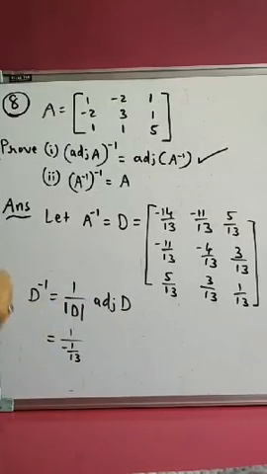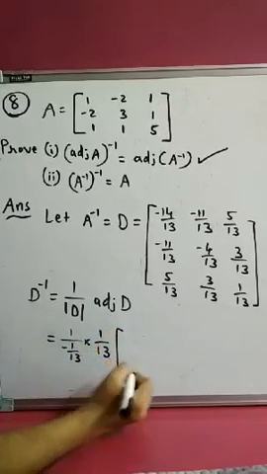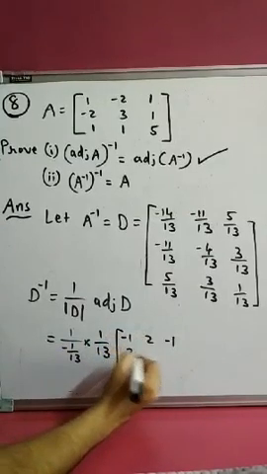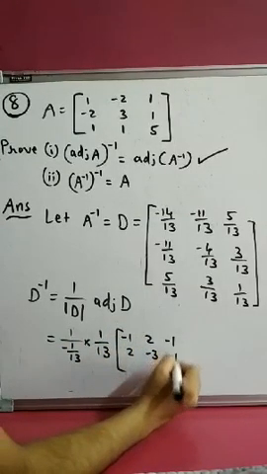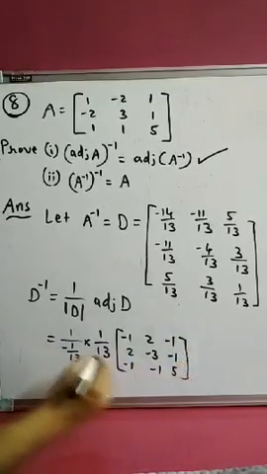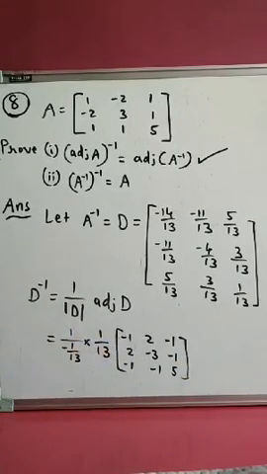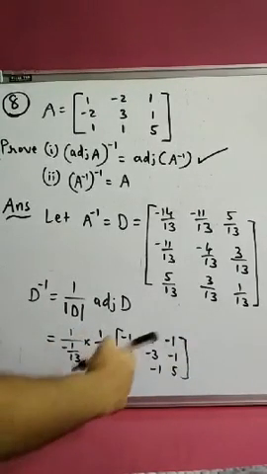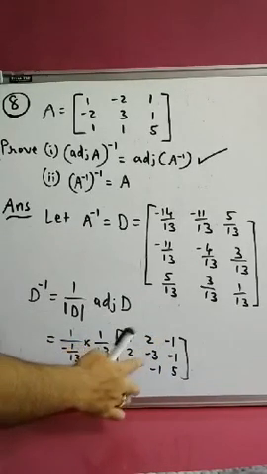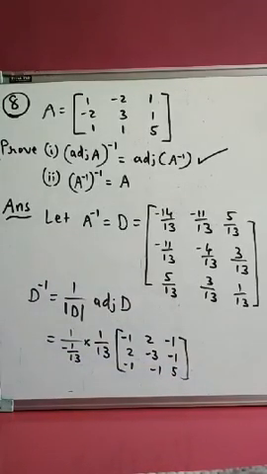Adjoint of D you will get as 1 by 13 in bracket, minus 1, 2, minus 1, 2, minus 3, minus 1, minus 1, minus 1, 5. This 13 and 13 will get cancelled. So the minus sign will be applied over here, and you will get this only, but all the signs are interchanged: 1, minus 2, 1, minus 2, 3, 1, 1, 1, 5, which is our matrix A.